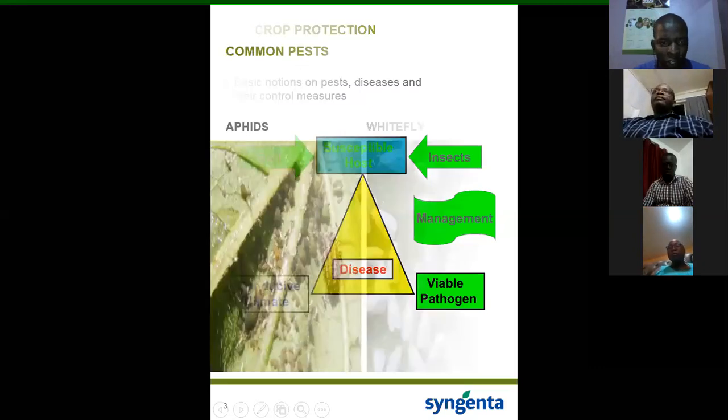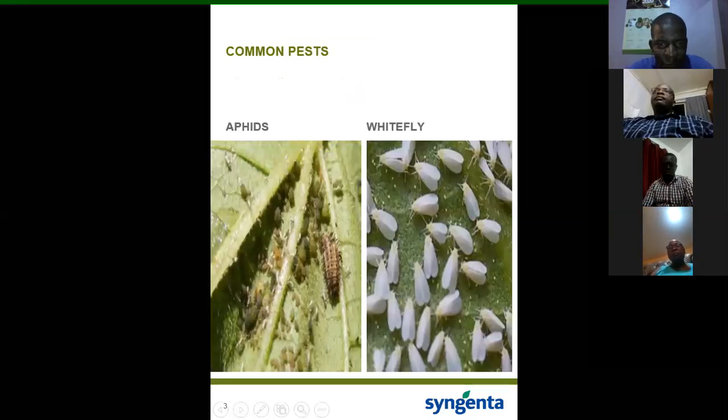So we'll go straight into the common pests that we have. We've got aphids and we've got whiteflies. Aphids look like this, and whiteflies appear like this. These are what we call the sucking pests.